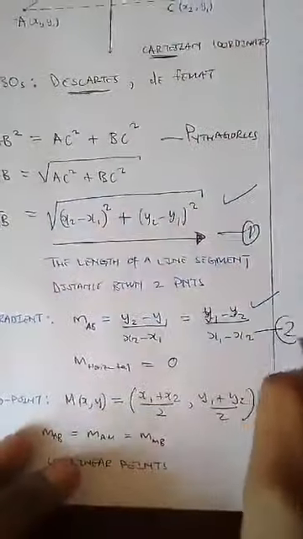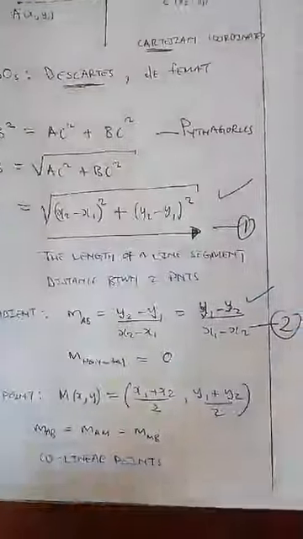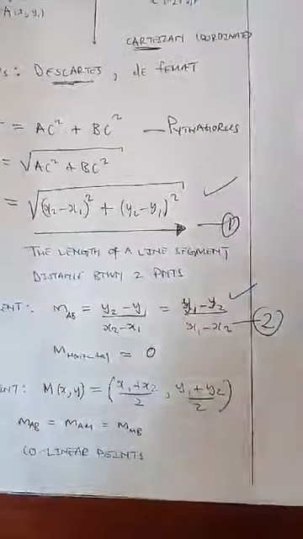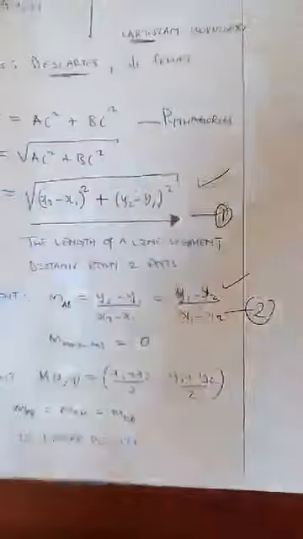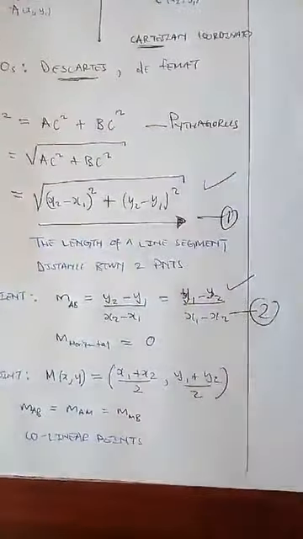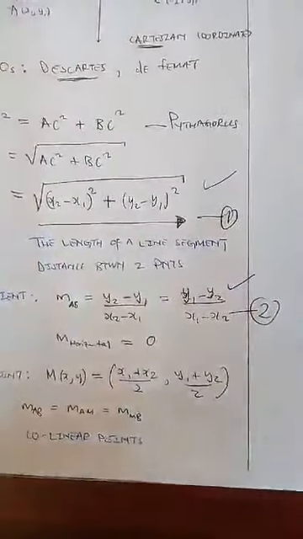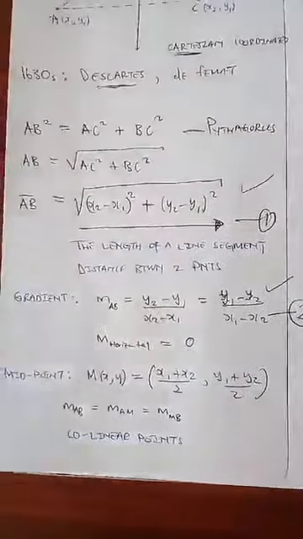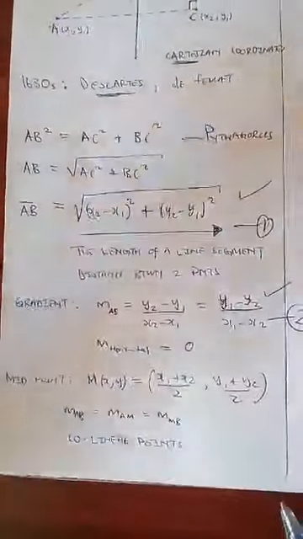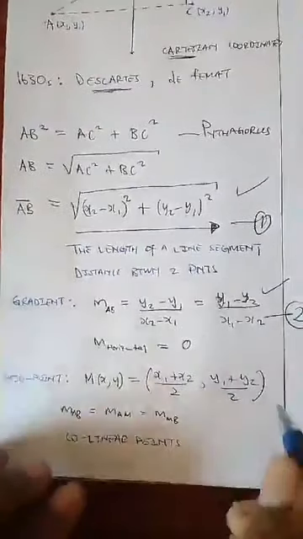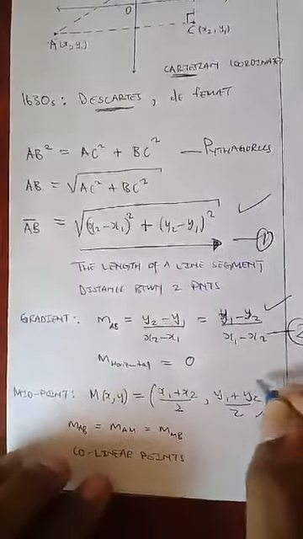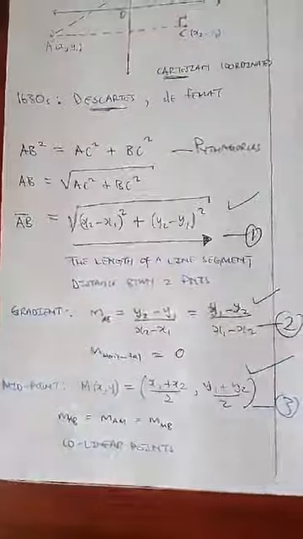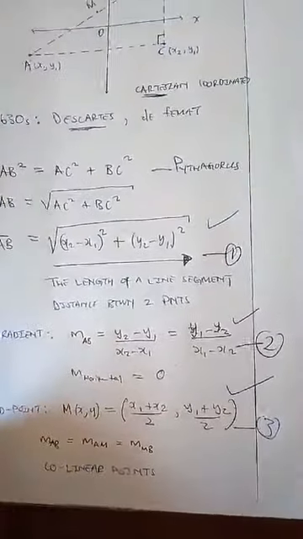So these you should know. This should be at the back of your mind, because you always have to pull them out of your pocket whenever you have to solve analytical geometry problems. So second is the gradient, and now the third one, which is the midpoint. Right? So we are moving. I hope you are with me.